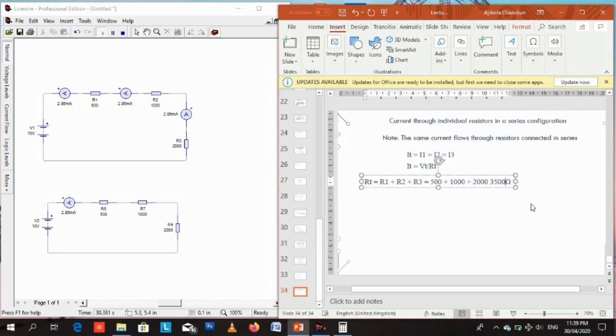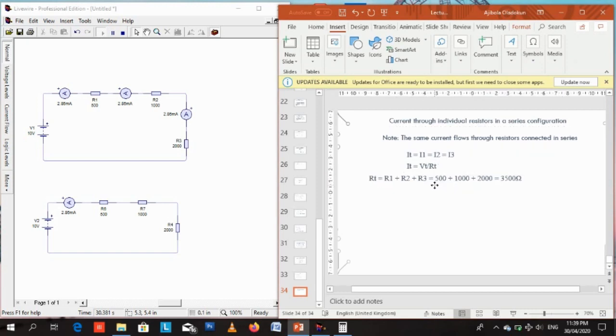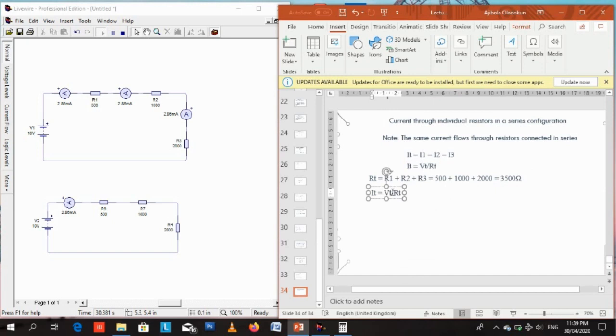If you add all three together, you will get 3500 ohms. So the total resistance of these three resistors in series is 3500 ohms. So RT equals 3500.